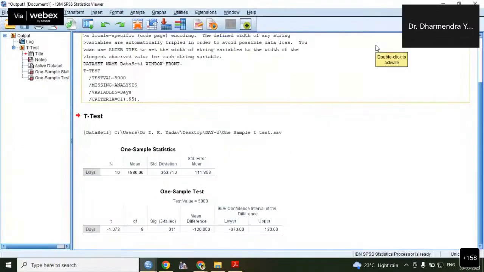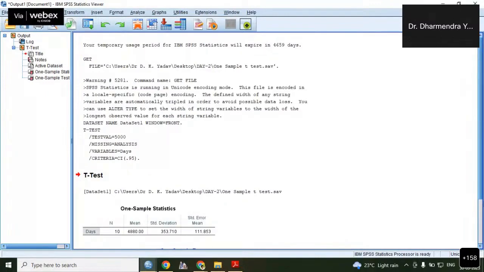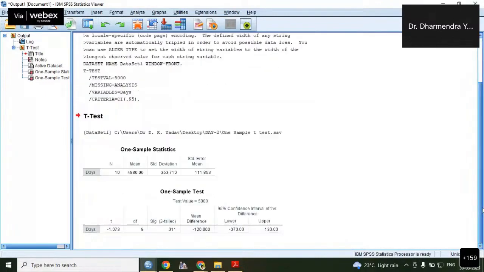Right? So this is our output. This is our mean value, 4880. Standard deviation is given.